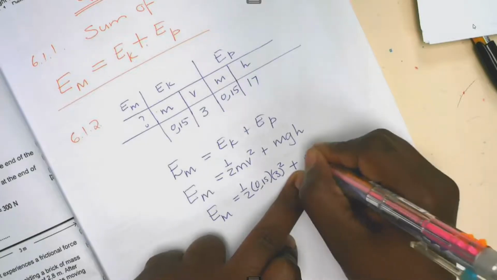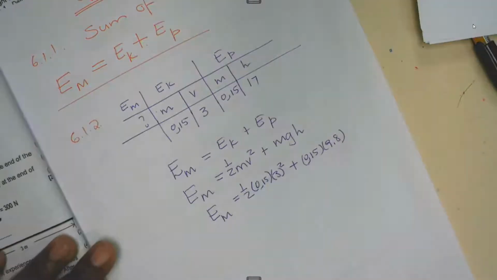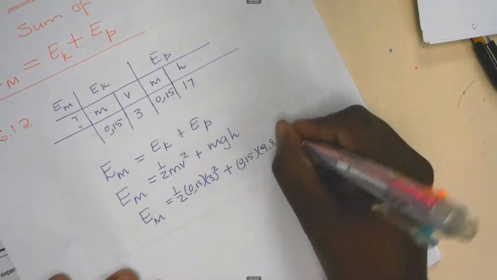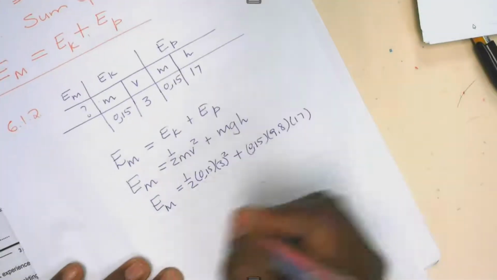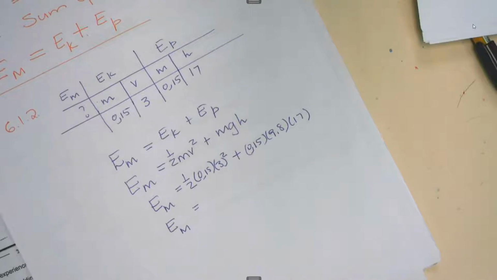0.15 times g, which is a constant and it is given on the table, and the height is 17. And then you just type everything in there on the calculator.